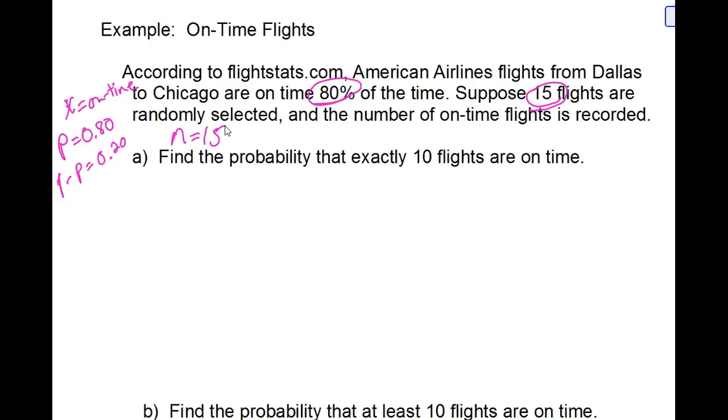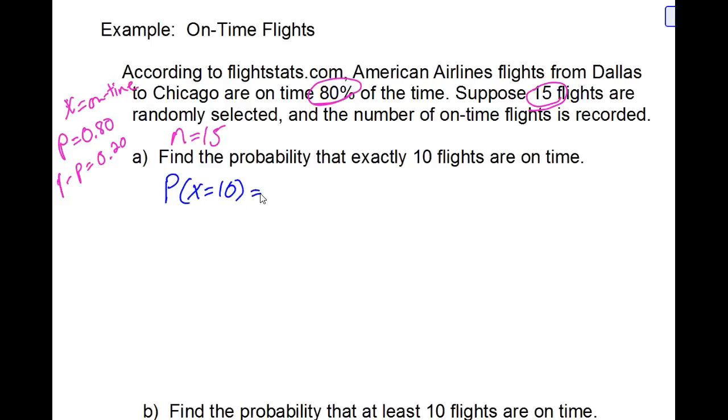So let's look at part A. Find the probability that exactly 10 flights are on time. So for this one, we're wanting just the probability that x is equal to 10.